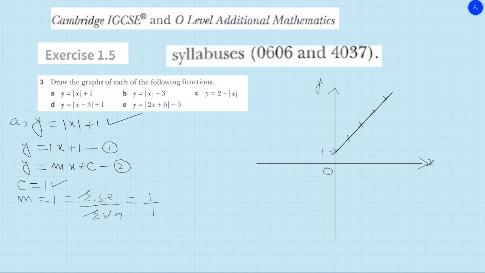And this graph which we have drawn is the straight line. So first, I repeat all steps again. First, draw the straight line, meaning without the absolute sign. How to draw? By using the y-intercept and gradient. Then a very important point is the vertex.